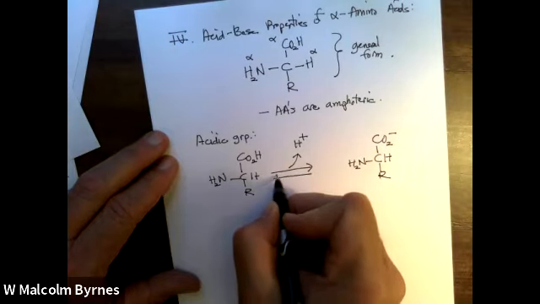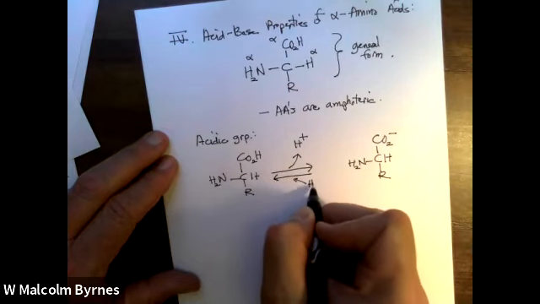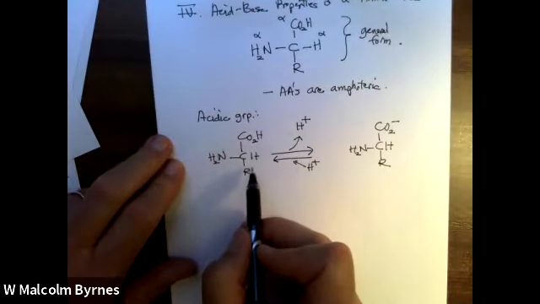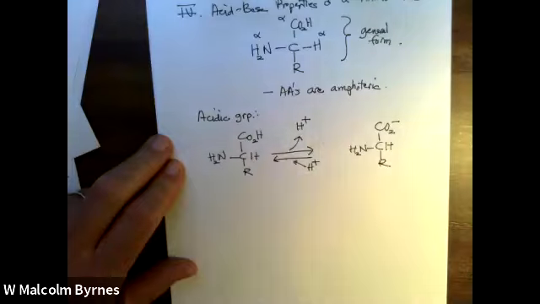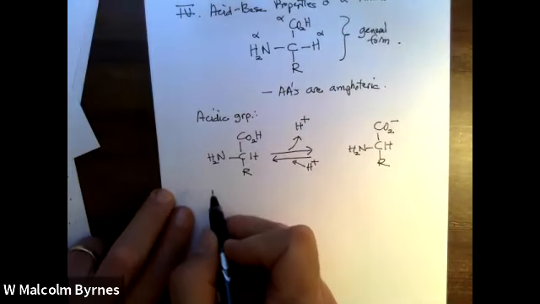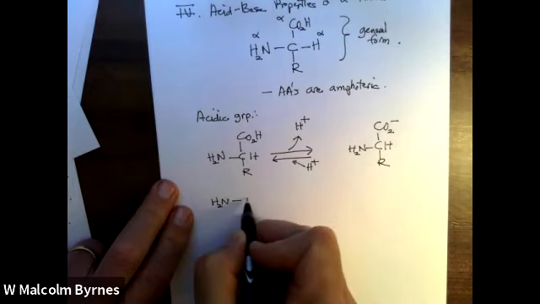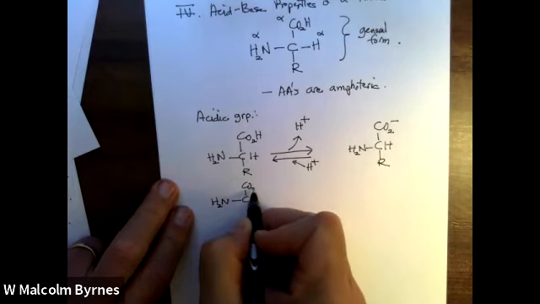Of course, it can regain a proton as well, so this is the equilibrium here. But here we see an amino acid acting as an acid. It has an acidic group. It also has a basic group because that amino group can gain a proton.